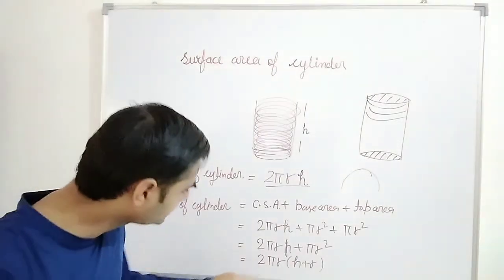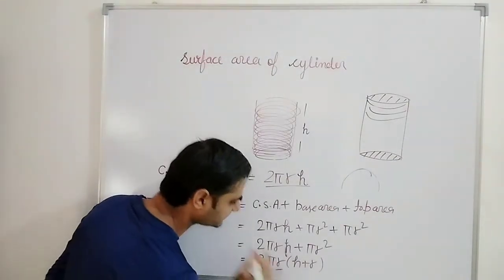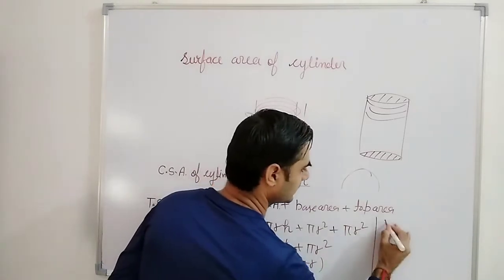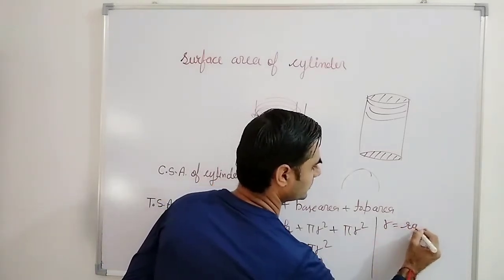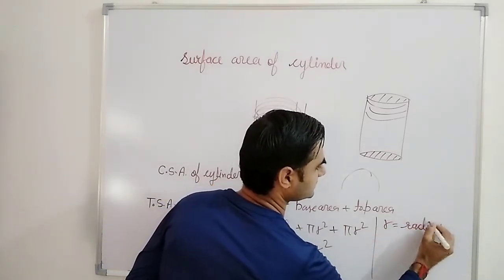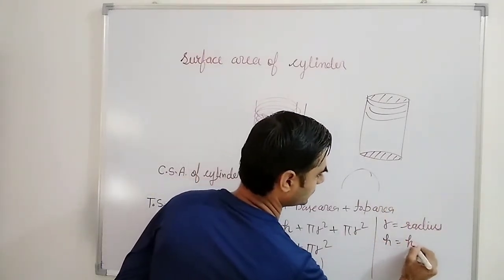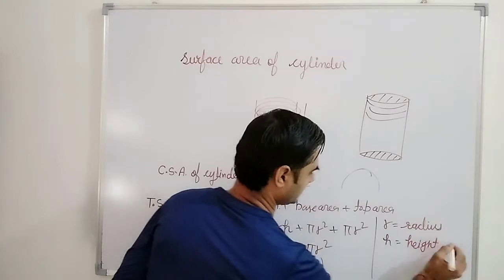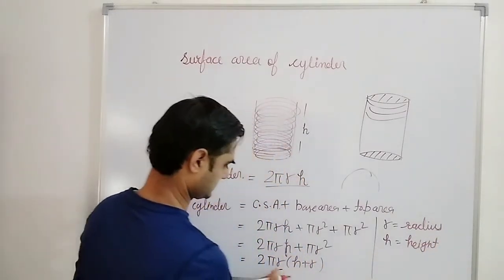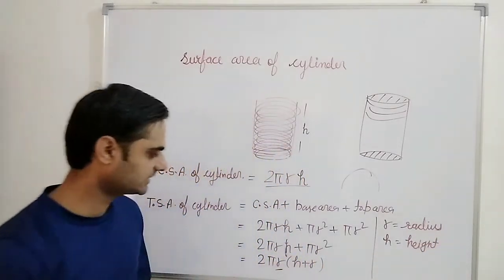Now in this, some things are there. What is r? r is equal to radius. Second, h is equal to height. And the last one, pi. You know very well what pi is.